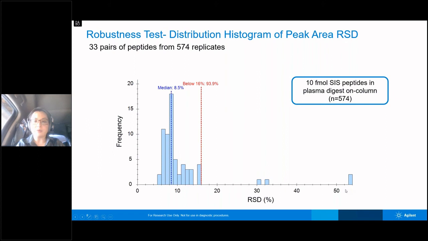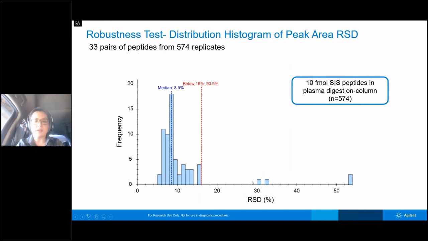One pair of peptides, we found, is unstable because we observed more than 50% degradation after overnight storage in the refrigerator, in the solution. And the second pair of peptides, we observed a very severe background matrix interference.